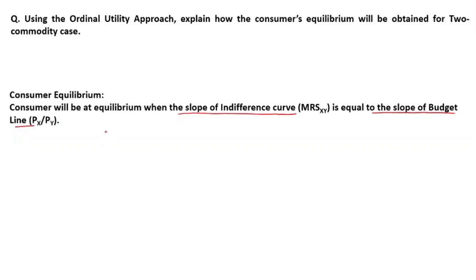Now we know that the slope of budget line, which is always negative, is given by minus px divided by py, that is the ratio of the two prices. Similarly, the slope of indifference curve is given by MRS, the marginal rate of substitution of x for y.